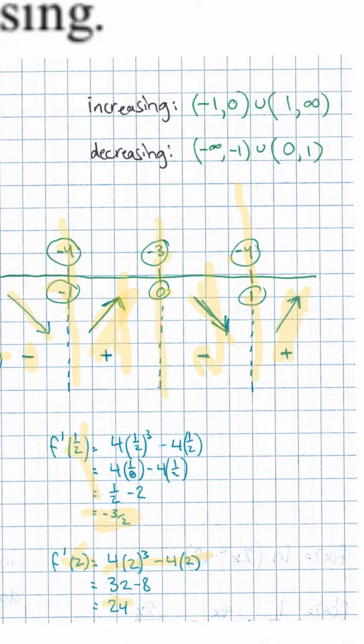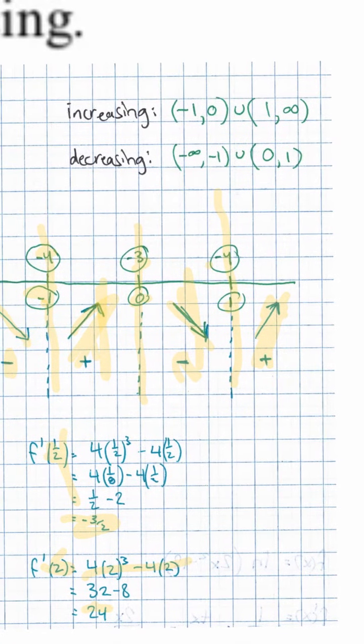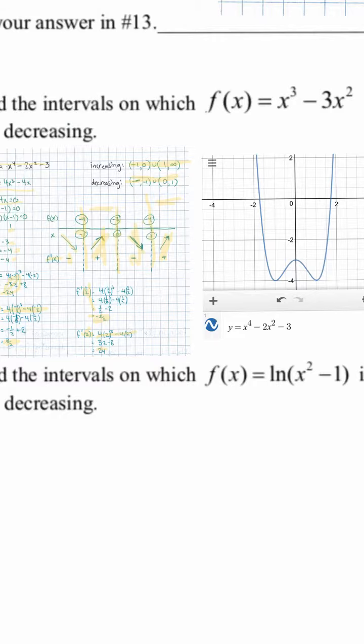And then, of course, I put my answer in interval notation, so it was increasing from -1 to 0 and from 1 to infinity. Round brackets because at those local minima and maxima, it's not actually increasing or decreasing. The slope is 0 at those points. And then decreasing from -infinity to -1 and from 0 to 1.